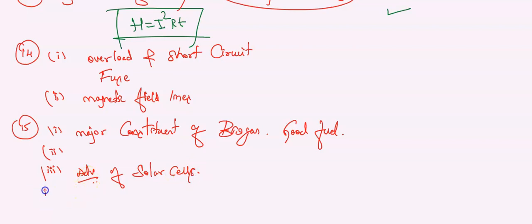Next question, next option, write any two hazards. Hazards means what? Problems. Write any two hazards of nuclear power generation. Understood?